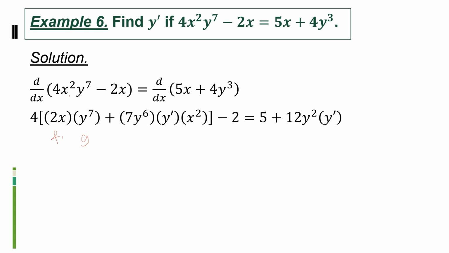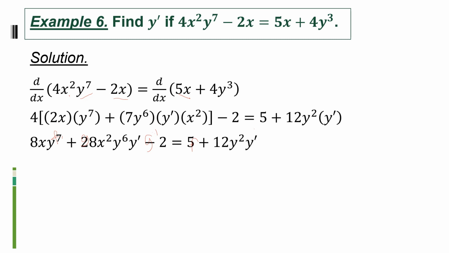Plus, okay, differentiate the y raised to 7. So, we have 7y raised to 6 y prime times f, so that is x squared, minus 2, okay, is equal to 5 plus 12y squared y prime.